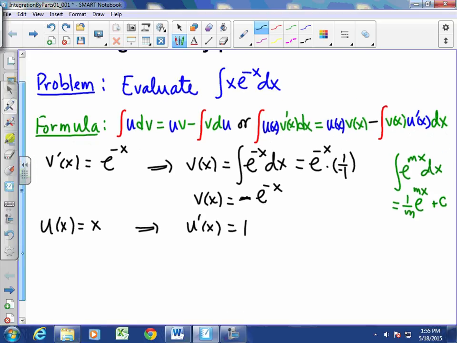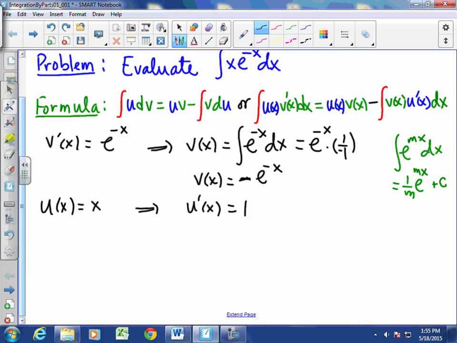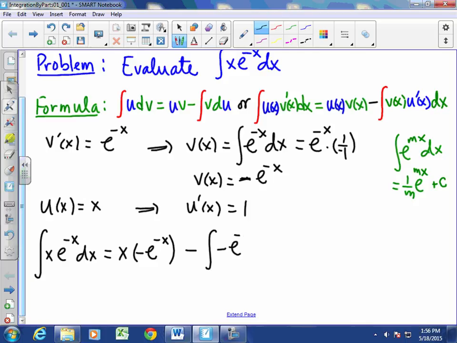Now, going back to the formula, we can say that the integral of x e to the negative x dx is u of x, which is x, times v of x, which is negative e to the negative x, minus the integral of v of x, that means negative e to the negative x, times the derivative of u of x, which is 1, times dx.